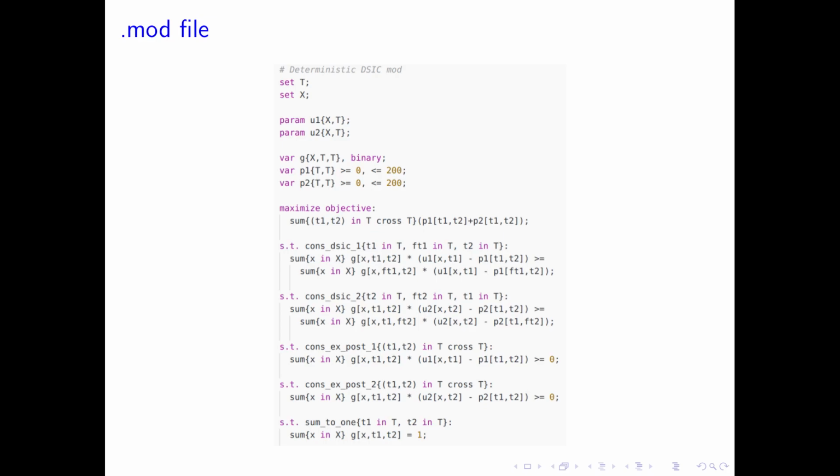As variables, we have the outcome selection function and the payment functions. We set a cap of 200 to the maximum possible payment.